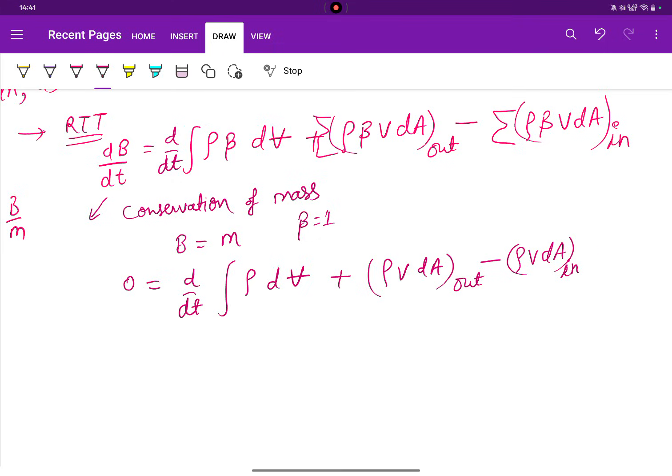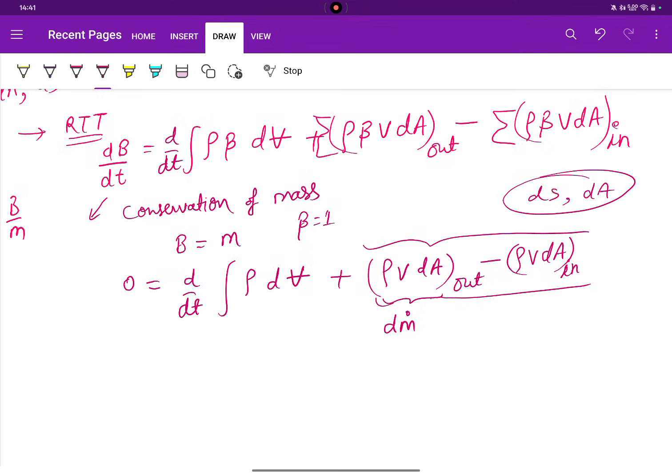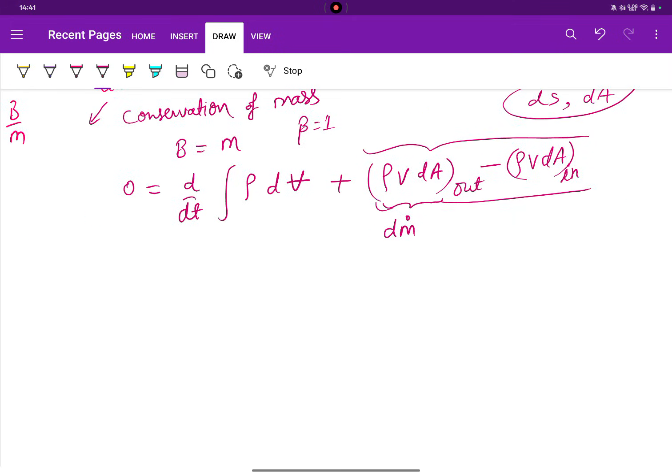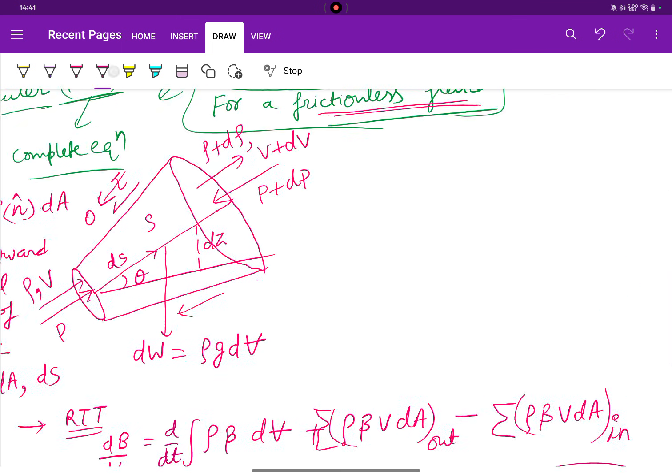So can I write this thing as dm dot, the complete rate of change of mass, for an element of size ds and cross-sectional area dA? For a small element. Another thing, in my figure, rho, velocity and pressure are all functions of s and time.